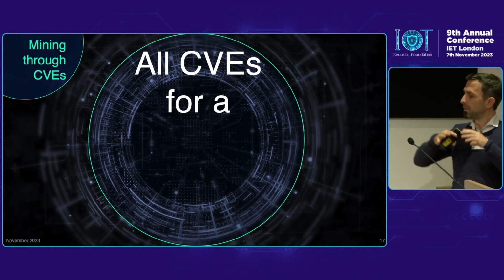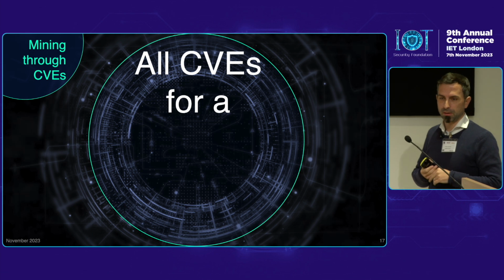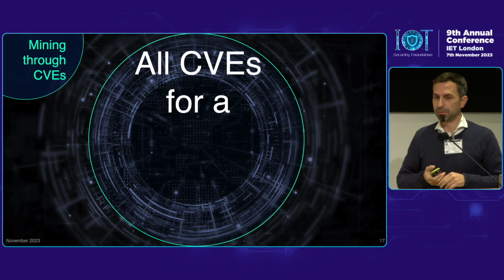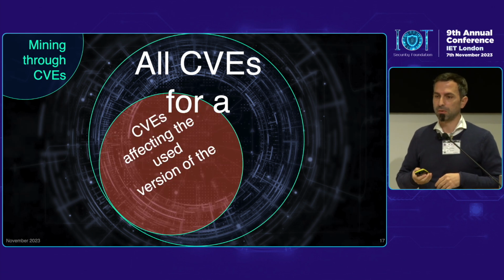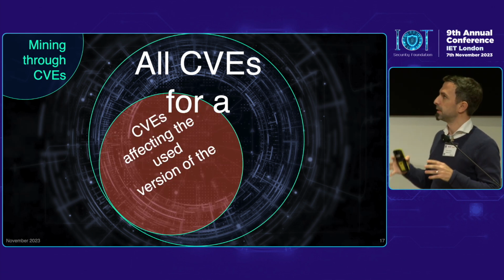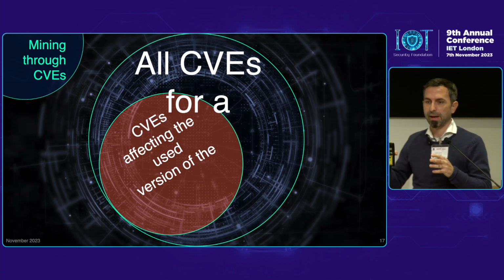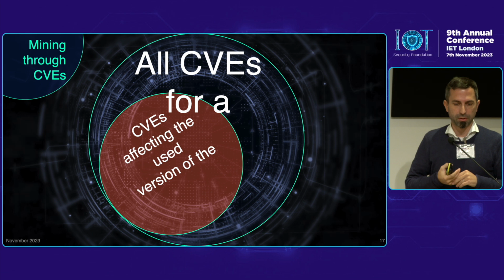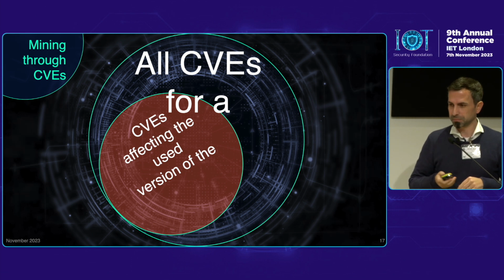So if we look at the entirety of vulnerabilities, the first thing that we can do, of course, to narrow it down, is to make sure that the vulnerabilities actually apply to the versions of the software components that I'm dealing with.